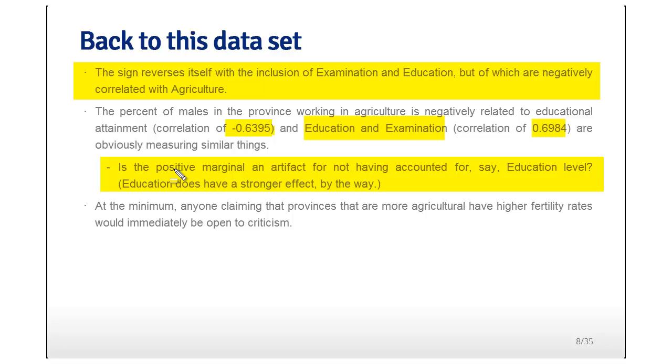Now, how to interpret this is a little bit difficult, and it depends quite a bit on the setting.